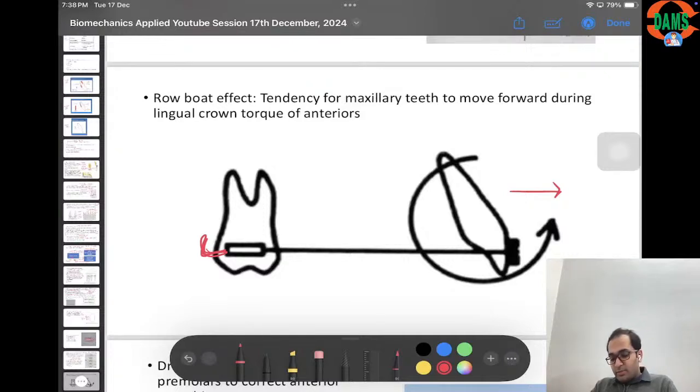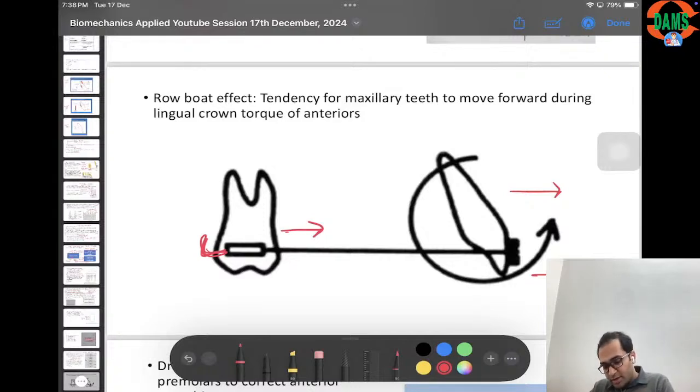Suppose we place a wire. As I told you, there is inbuilt prescription, so the roots of the anterior teeth tend to go lingually and the crown goes labially. Since the wire is attached, it will tend to bring the posterior teeth along with it forward like a rower.